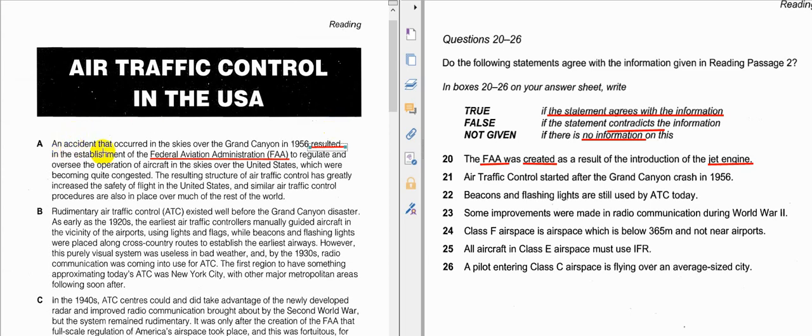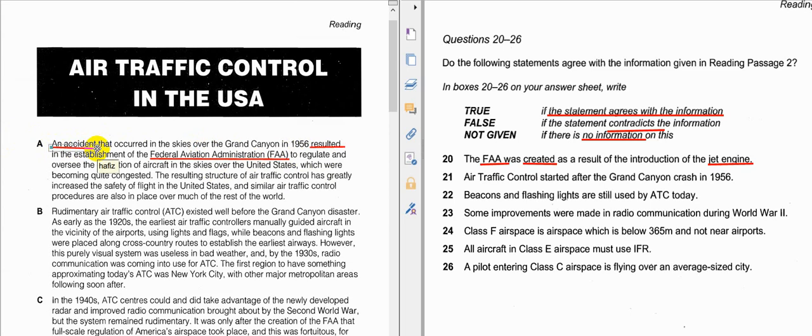Okay, so an accident that occurred in the skies over the Grand Canyon in 1956. We can't really find it, right? We found created, we found the FAA, but the subject that's mentioned in this sentence is an accident, not a jet engine, an accident, right?